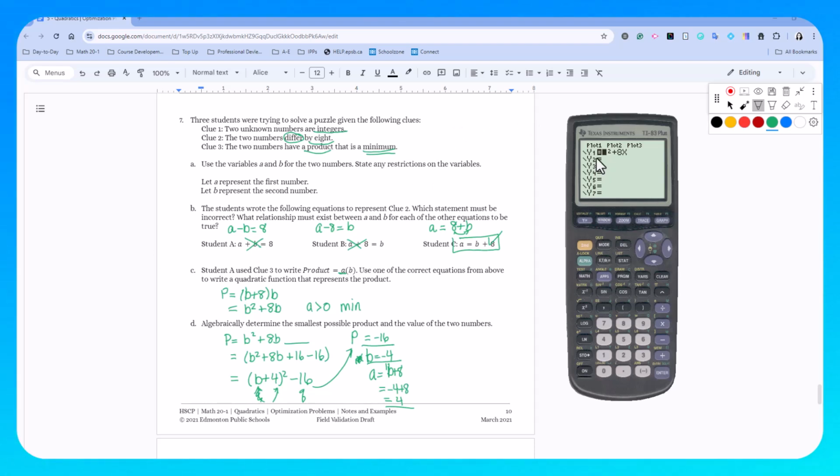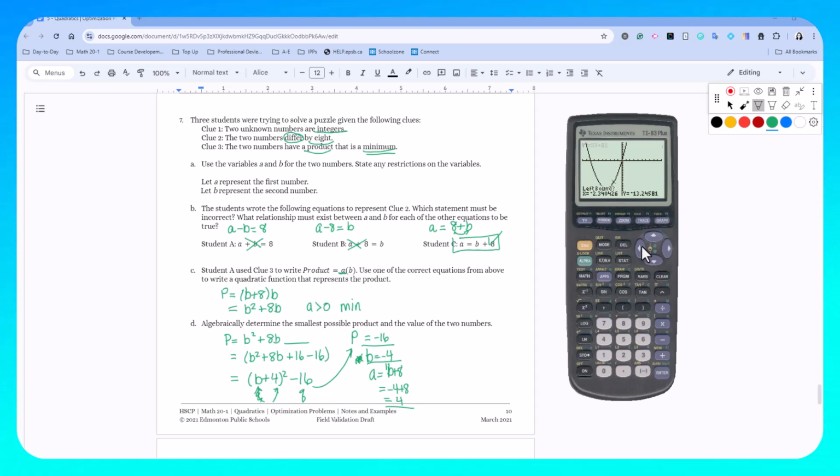Okay, so I've put the value y1 equals x squared plus 8x. I've had to adjust my window setting because that minimum was low, so I had to put my y-min down to minus 20, so that when I hit graph, I can see the minimum point right here. So let's go ahead and go second trace, and we're going to find that minimum point.